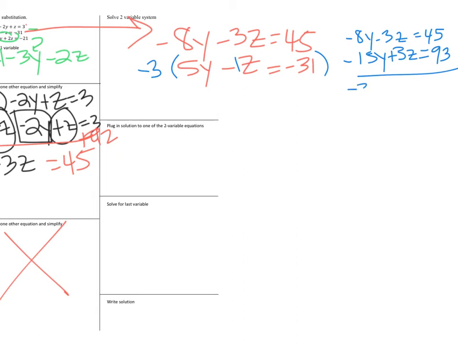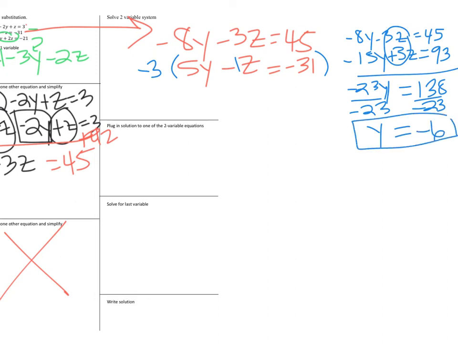So I'm going to have negative 23y. These are 0. I have 0 z's left over, and I have 138 here. So let's divide by negative 23 to get y, and that gives me a negative 6.